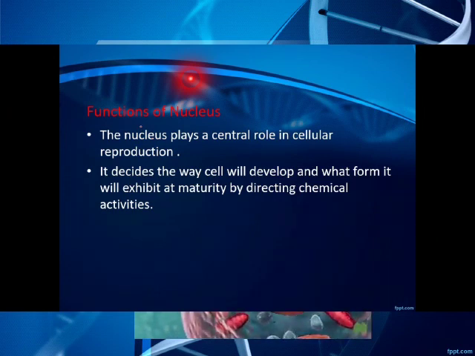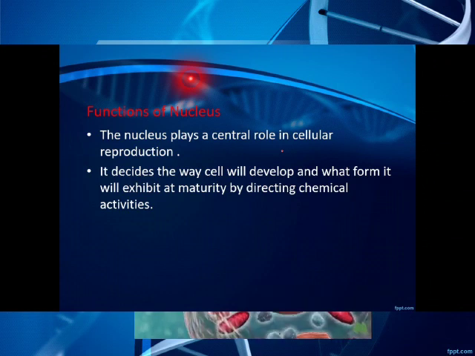Now coming to the functions of nucleus. Students, nucleus is like a leader. It will try to take control of all the cellular activities. So once the nucleus divides, that means different new cells are formed. And each cell will have its own fate. For example, heart cell will divide and give rise to heart cell only with its own shape.